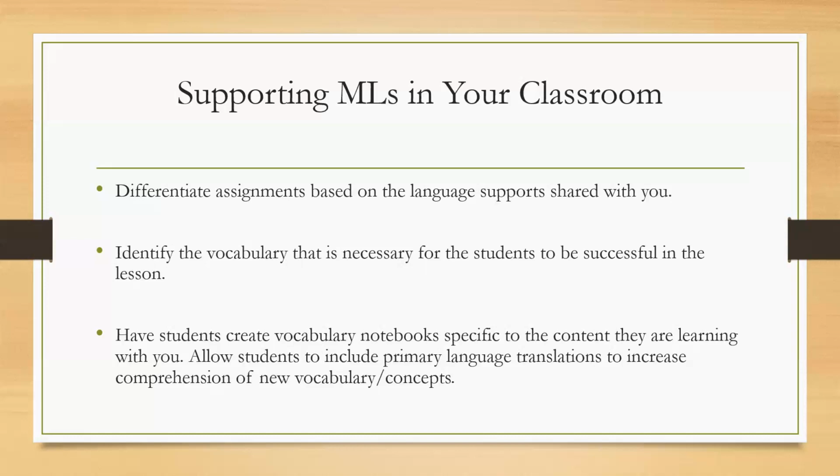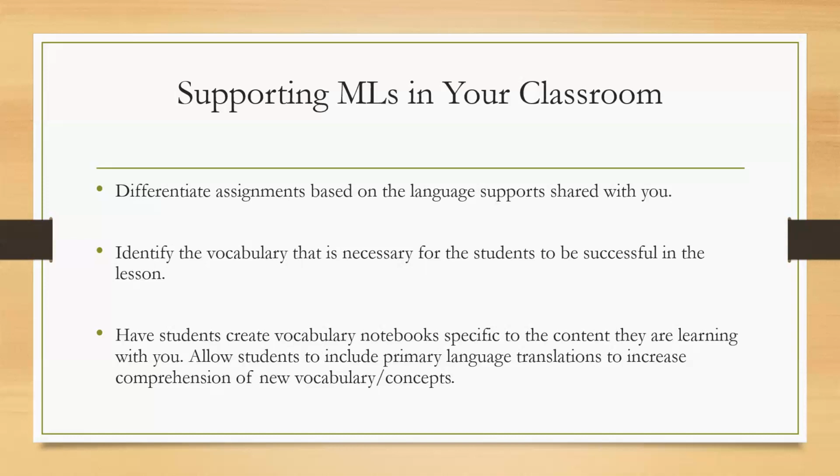An example of a differentiation would be an art assignment might include a written explanation of why the student chose their media type. A student who is a beginning language learner may only be required to list the media types that he or she chose to use.